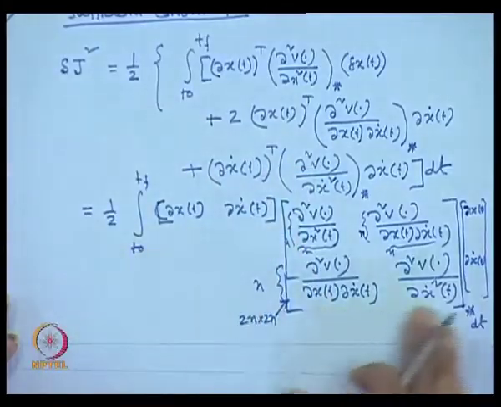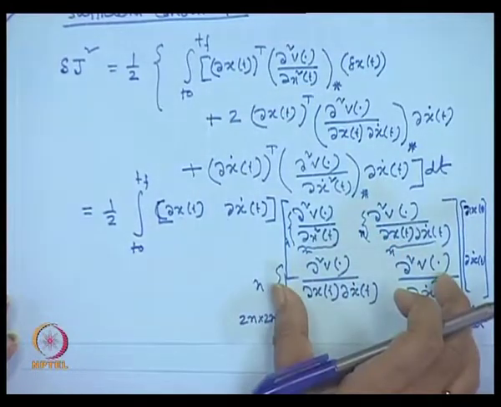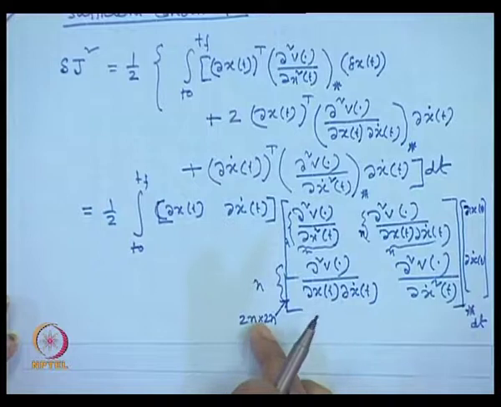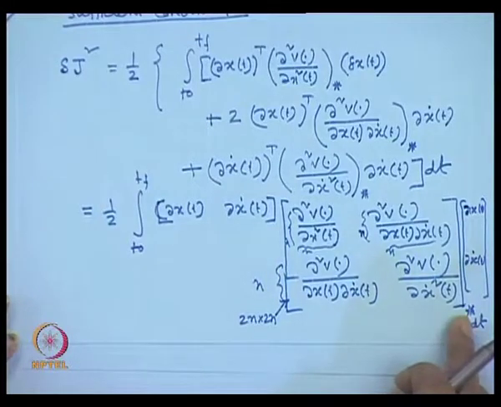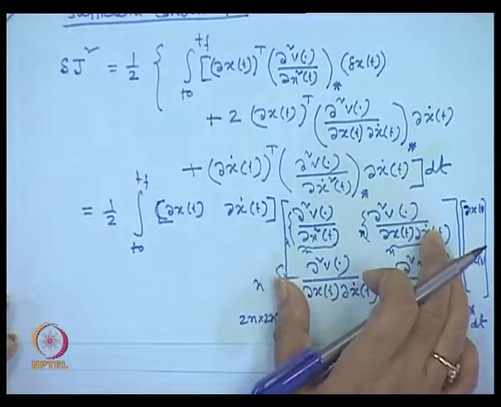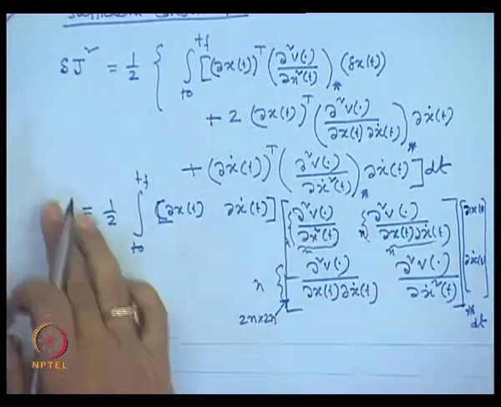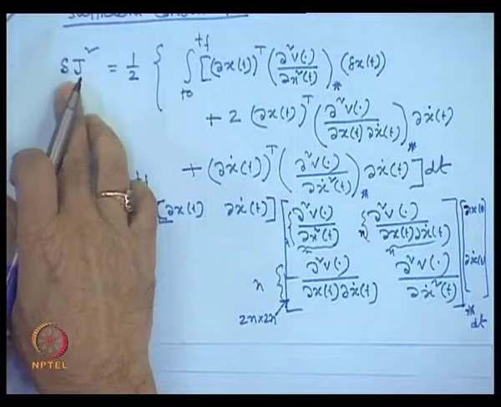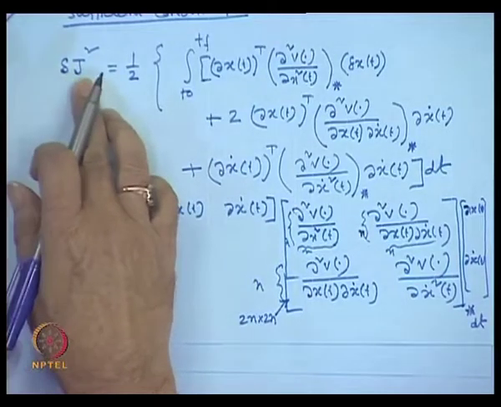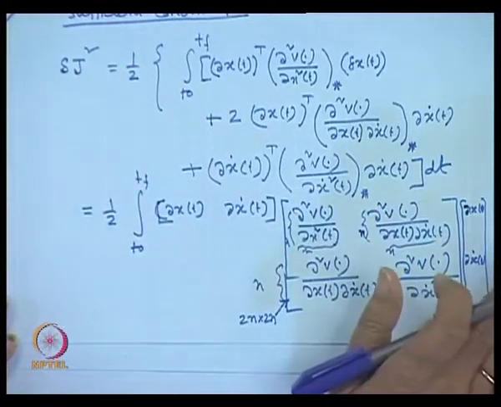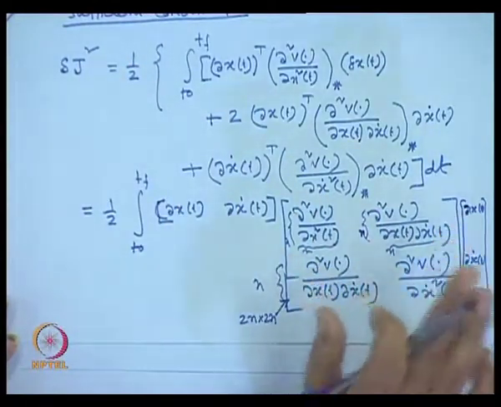So, how to decide this? It is now in quadratic form. So, compute this matrix, whose dimension is 2n by 2n, along the trajectory. If this matrix is a positive definite matrix, that indicates that delta square j, the second variation of the functional, will be a positive value, meaning the functional value along the trajectory is minimum.